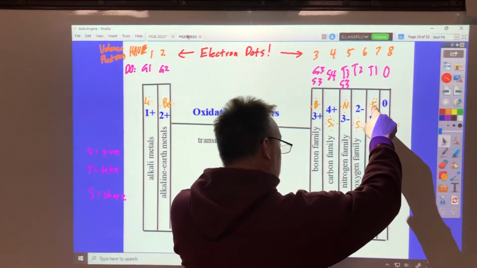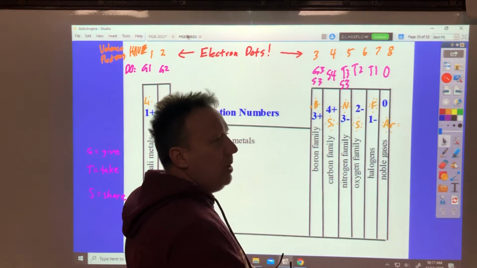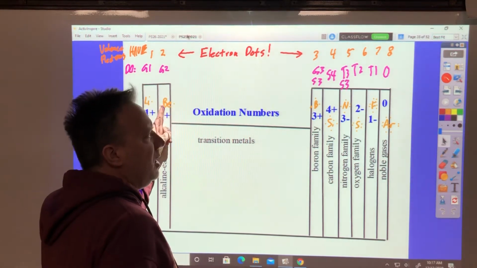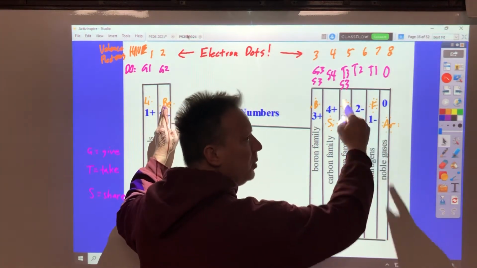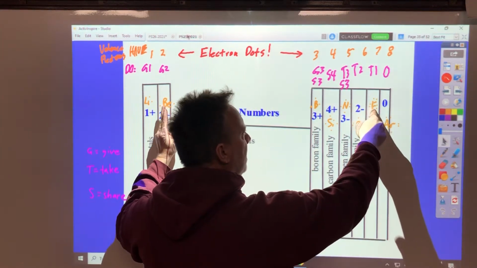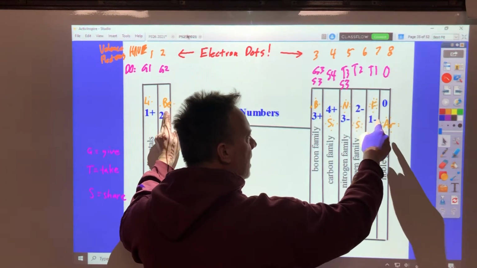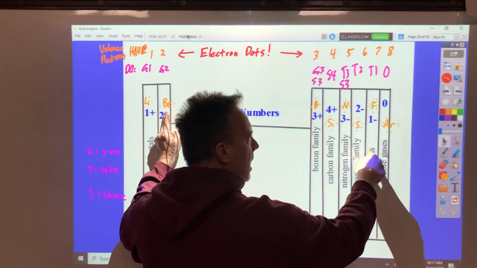So they're saying fluorine and chlorine are in the same family, and they're both reacting with calcium. Calcium gives 2, fluorine takes 1, chlorine takes 1. So if it makes CaF2, it'll make CaCl2 and CaBr2 and CaI2.